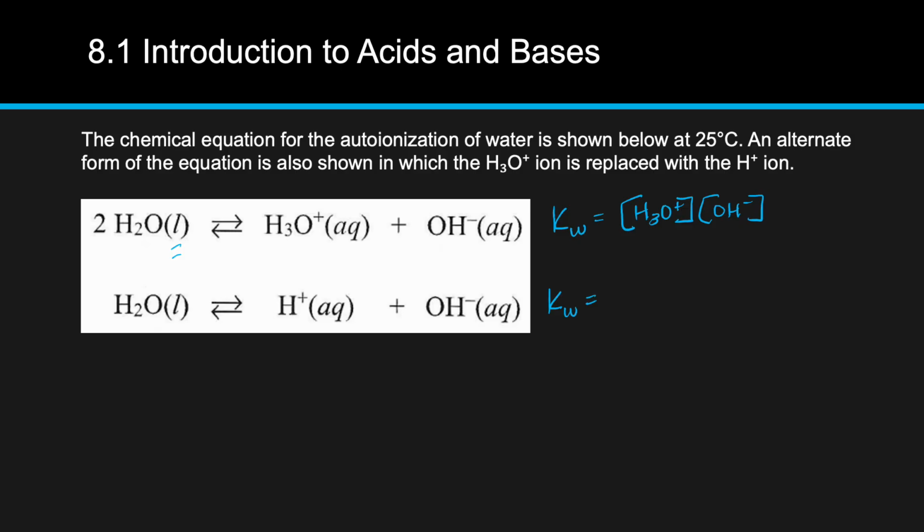Same goes for the bottom equation. We have H plus and we have OH minus. So their equilibrium constant expressions are pretty much the same, just switching out H plus and H3O plus. And both of those are equal to 1 times 10 to the negative 14th. So this is why we can use those 2 interchangeably in our equations.